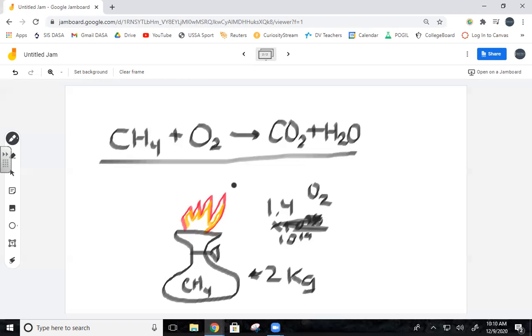Okay, so for instance, if I was to seal off a small container, right? When you're burning a candle, you're going to run out of candle wax before you run out of oxygen, yes?